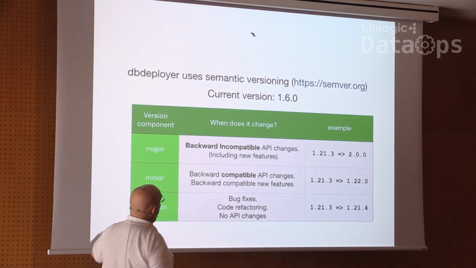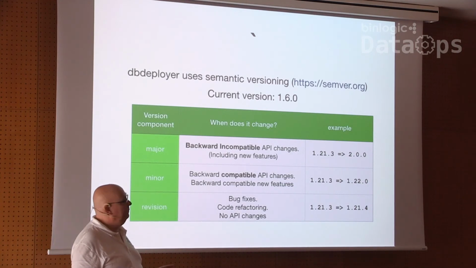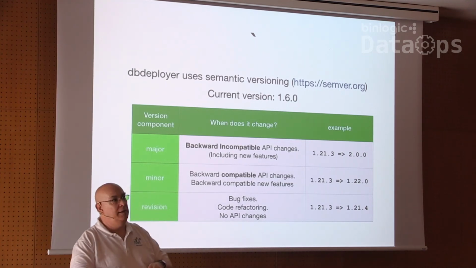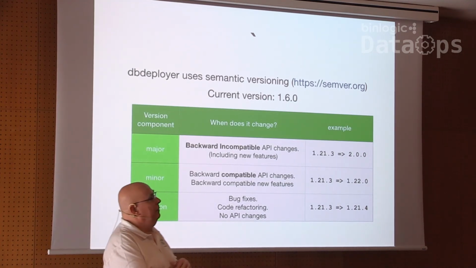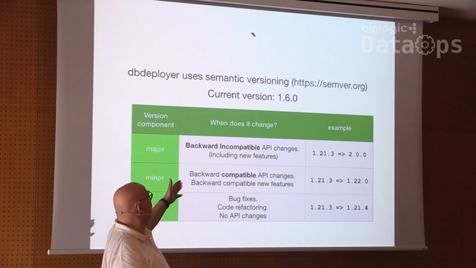So nothing breaks, but you might be interested that there is something new that you didn't know about. And finally, if you see that it changes from 1 to 2, it means that there are incompatible changes. I do not plan to ever do that unless there is something so marvelous that will force me to. But this is what you will see.